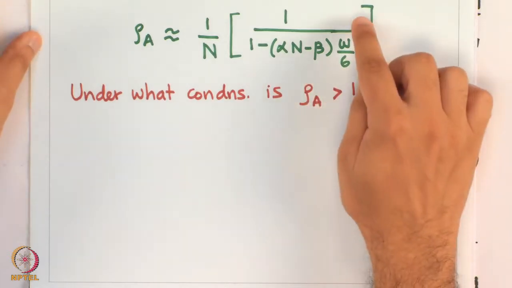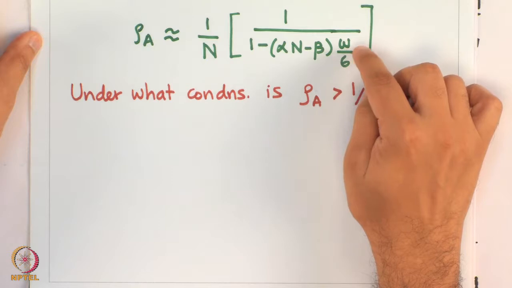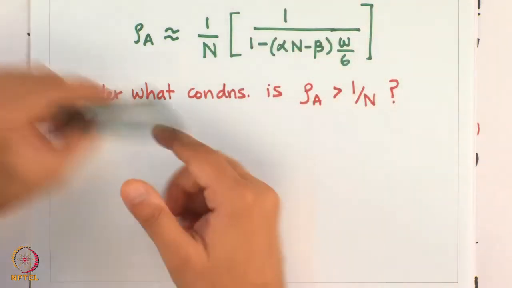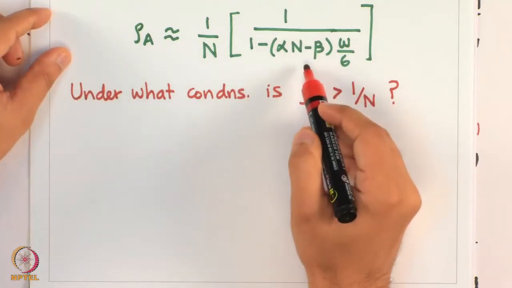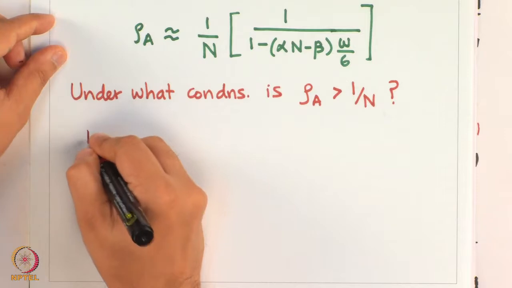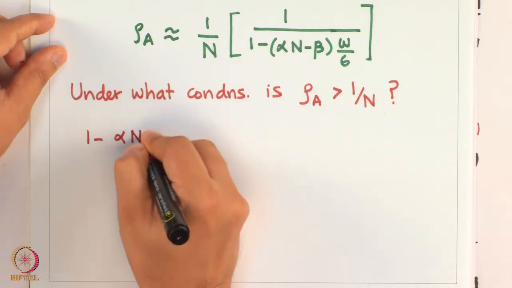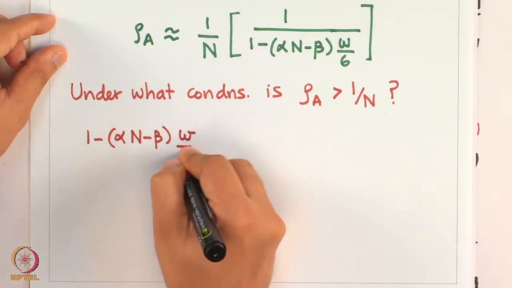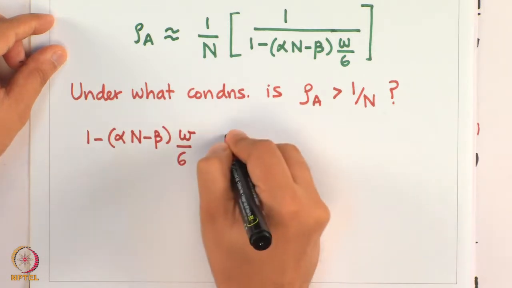And this is 1 divided by something. This would be the case if the denominator, this whole expression in the bracket, is less than 1. So this will be true if 1 minus (alpha n minus beta) times omega by 6 is less than 1.